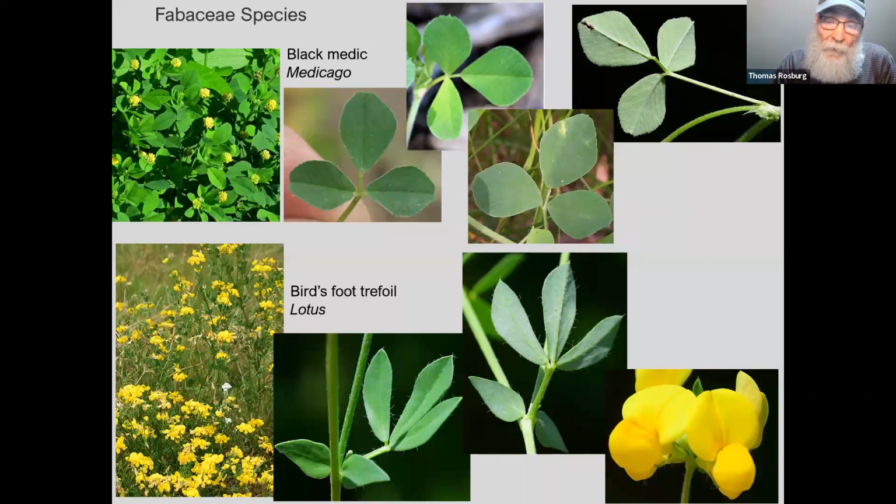It's got the three leaflets that are towards the end of the leaf, these three up here, and it's got two leaflets right down at the base of the leaf, so that the leaf is basically sessile. There really isn't any petiole here because these two leaflets right here would mark the bottom of the leaf, and that's where the leaf is attached to the stem. The leaflets, of course, are quite differently shaped.